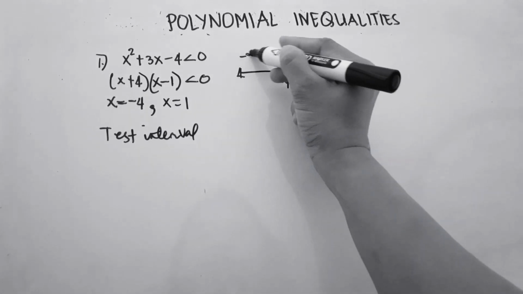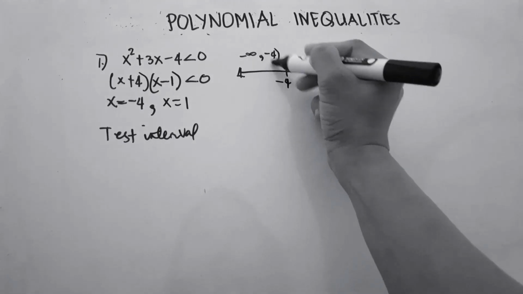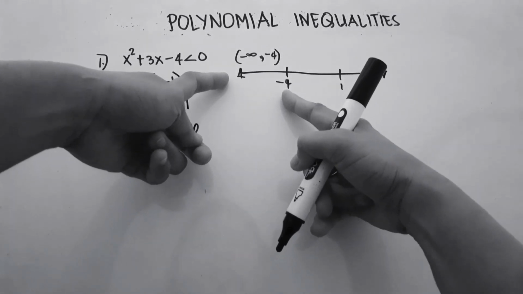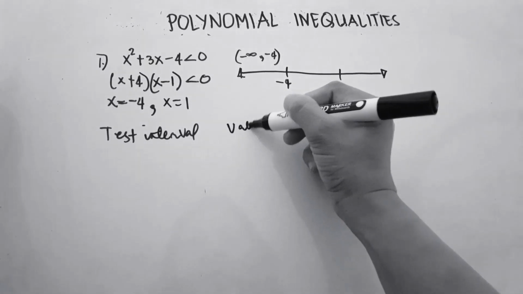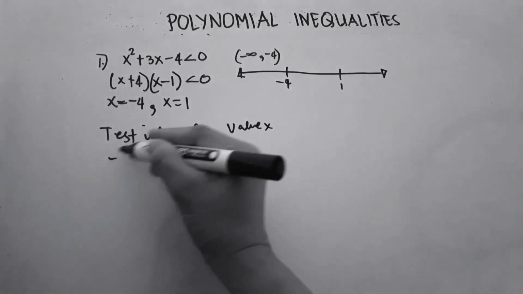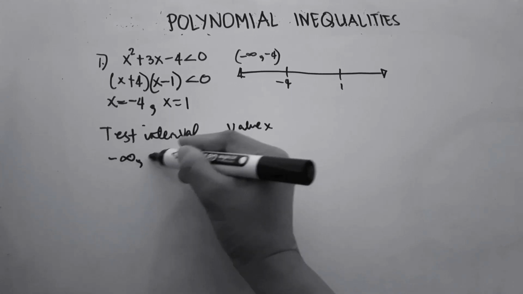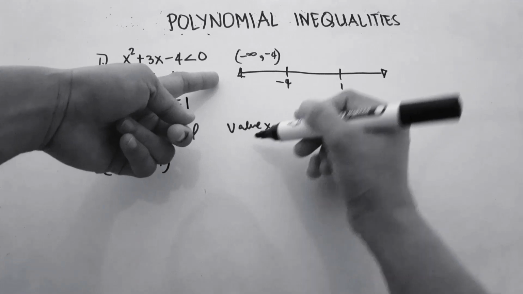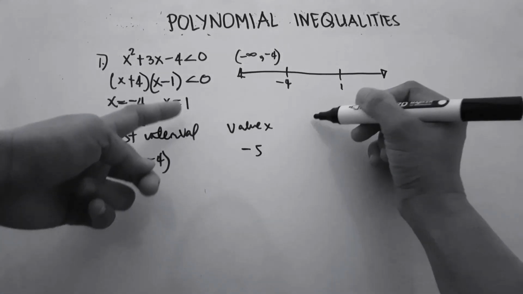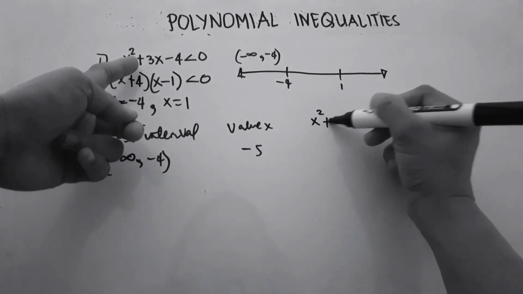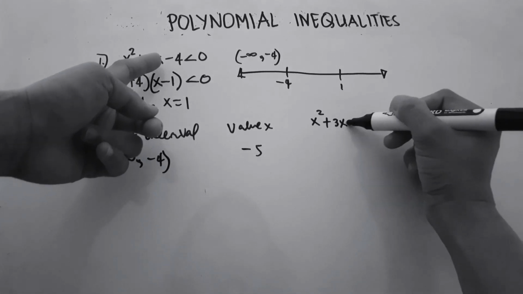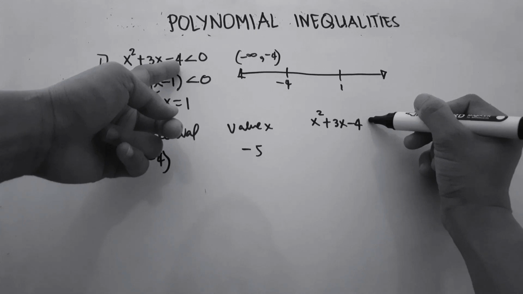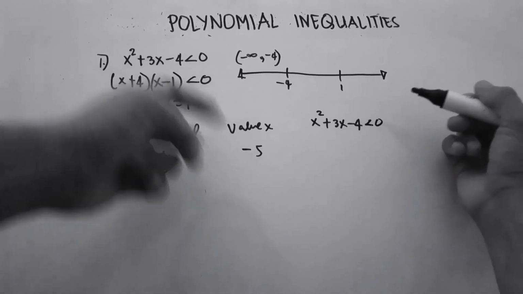We have negative infinity to negative 4, and we pick some numbers from this side, not including negative 4, to get the value of x. We can pick negative 5 and check whether the statement is less than 0.